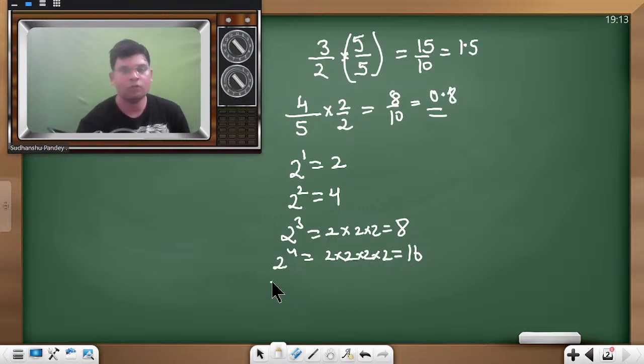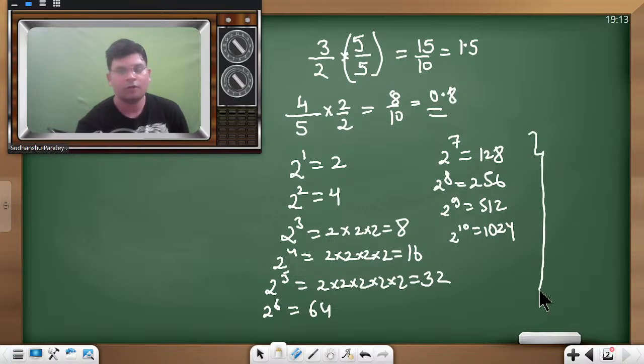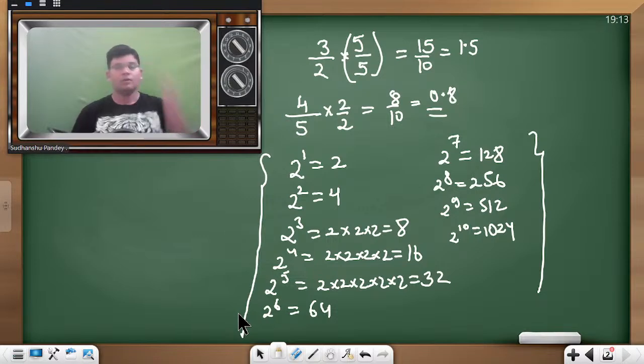Wonderful. 2 to the power 5 is 32. 2 to the power 6 is 64. 2 to the power 7 is 128. 2 to the power 8 is 256. 2 to the power 9 is 512. 2 to the power 10 is 1024. Please write down, from 2 to the power 1 to 2 to the power 10. Everybody has to write. 2, 4, 8, 16, 32, 64, 128, 256, 512, 1024.